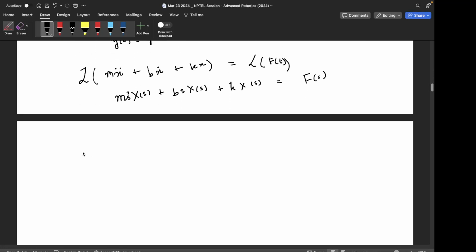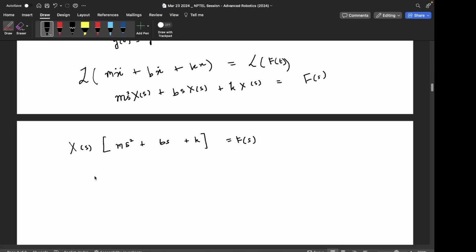So taking X(s) common, what we get is (ms² plus bs plus k) X(s) equal to F(s).